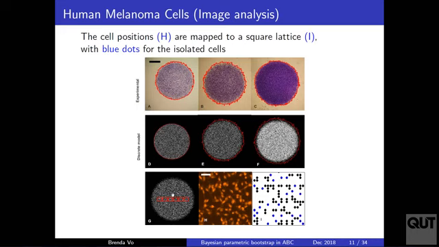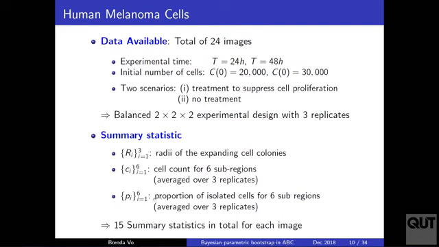We have 15 summary statistics for each time point, each initial cell number, and each scenario. Later on, I will explain how we reduce the dimension, because 15 is still a bit high dimension for ABC.